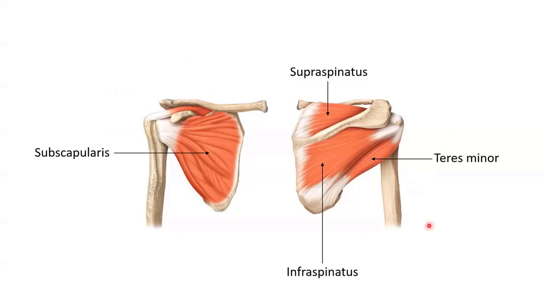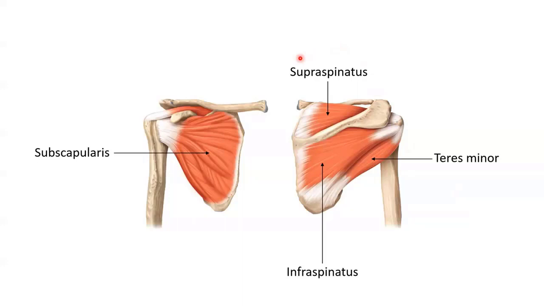Our last group of muscles make up our rotator cuff. So these muscles are our supraspinatus, infraspinatus, teres minor, and subscapularis. And our rotator cuff assists in stability, coordination, and also movement of the shoulder.